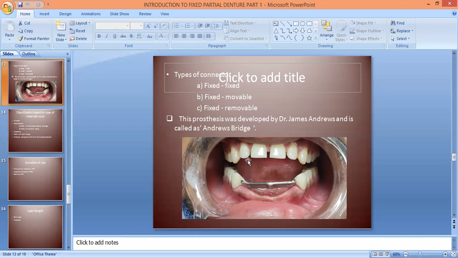In fixed removable, this was developed by Dr. James Andrews and it's called the Andrews Bridge. This picture shows the Andrews Bridge, that is fixed removable.